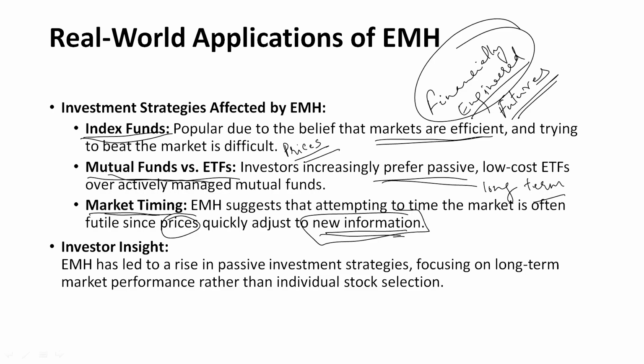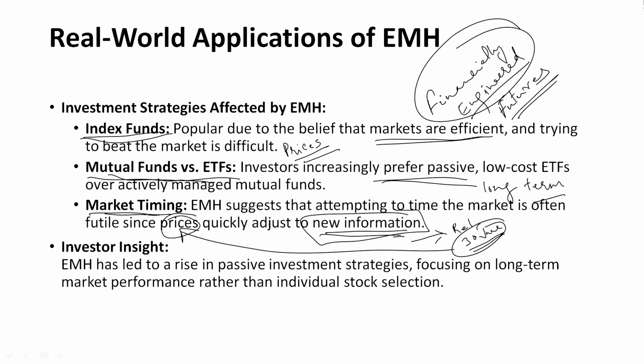So suppose I keep an open mind and I know that a board meeting is likely to happen in Reliance on 30th of June. Automatically, on 30th of June, this information is likely to be reflected in the prices of shares.